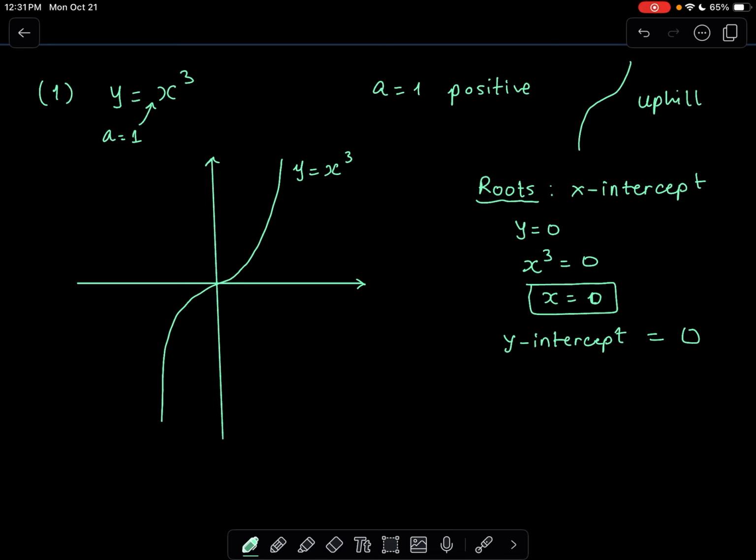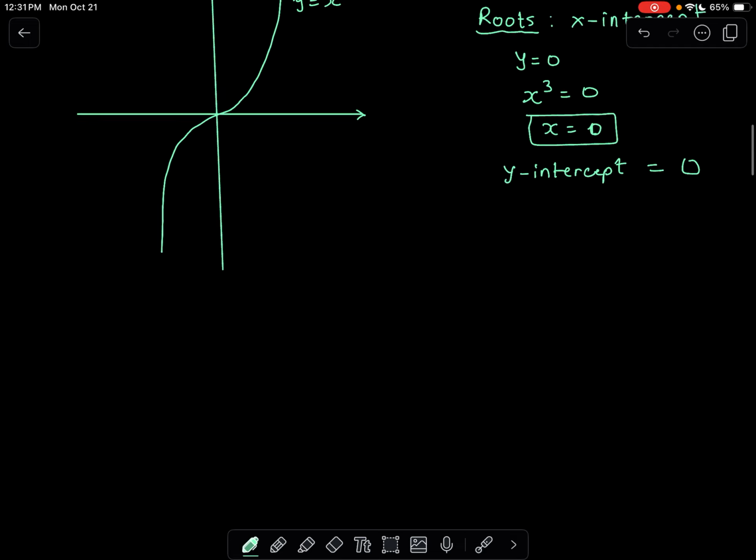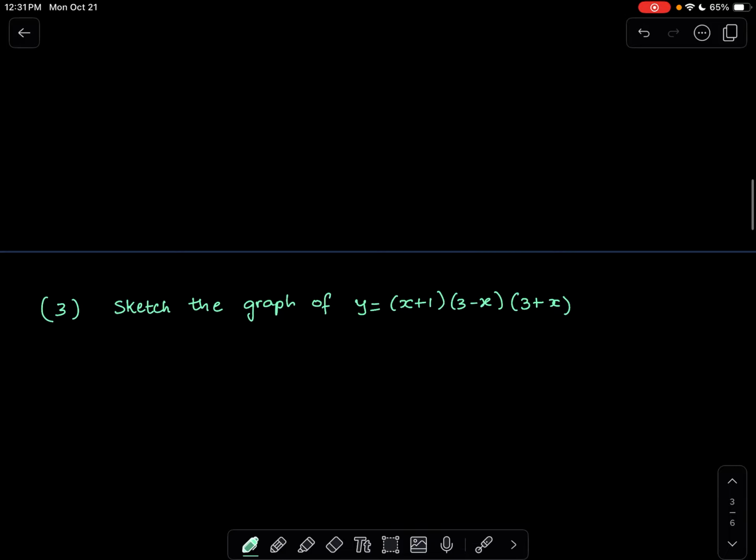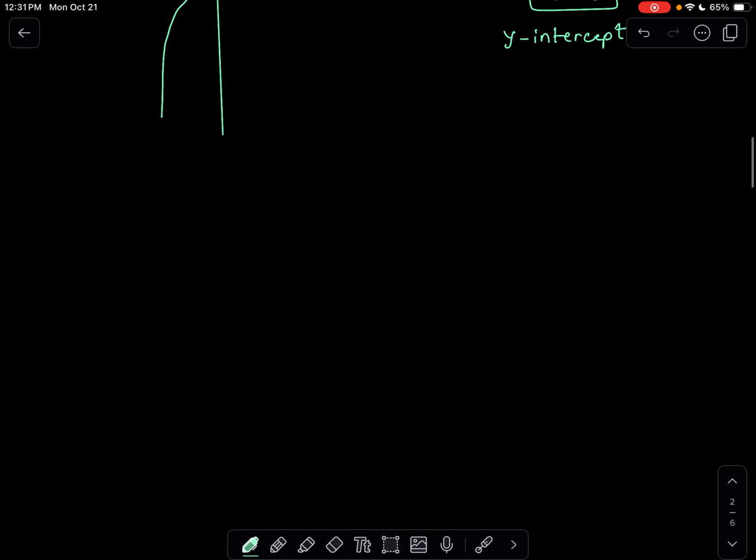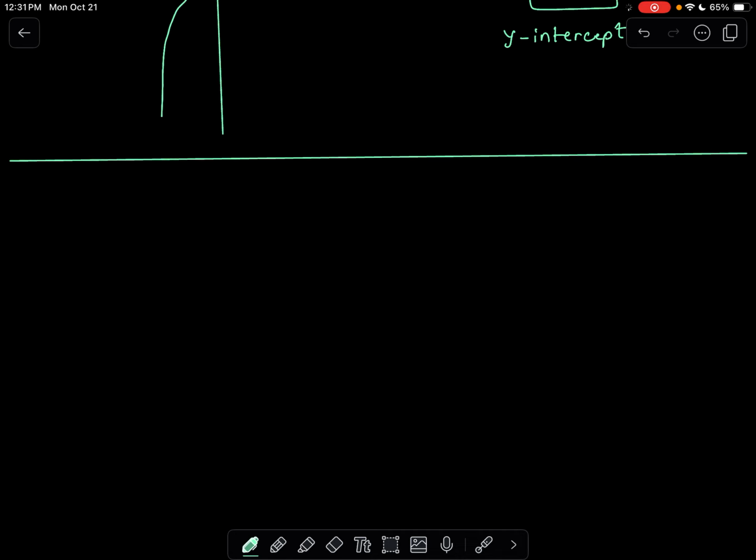Now let us look at a question where the coefficient of x cube is negative. So that means we are having y equal to negative x cube.